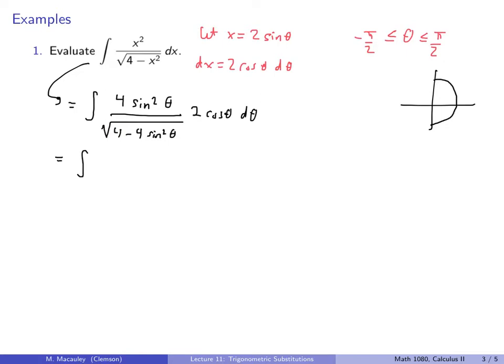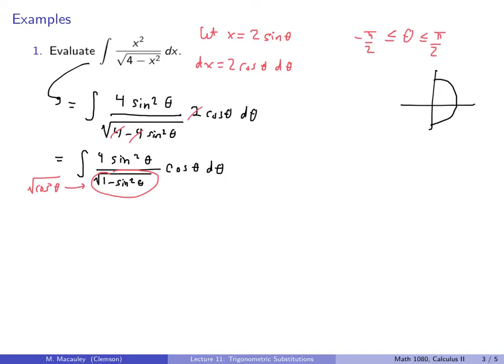So this is the integral of 4 sine squared of theta over 1 minus sine squared of theta times cosine of theta d theta. And again, that 2 is going to cancel with these two 4's. So remember, the key here is that this thing is going to be the square root of cosine squared of theta.